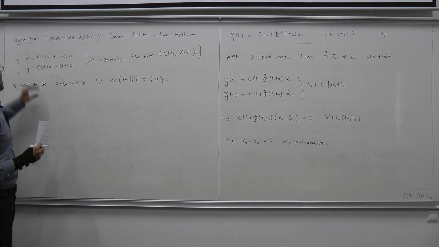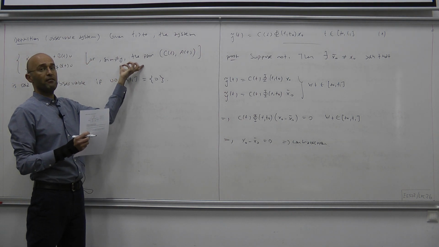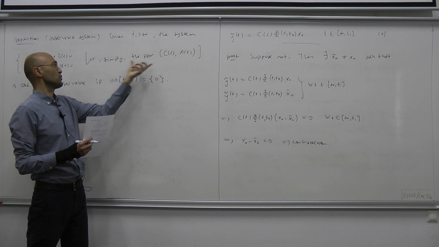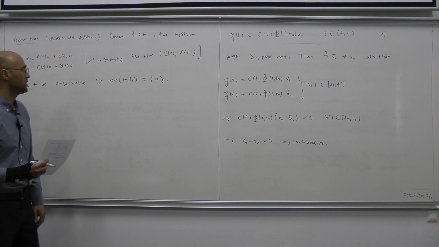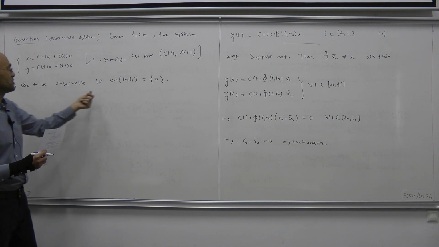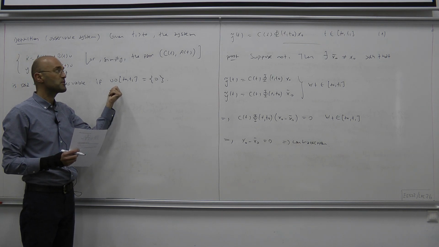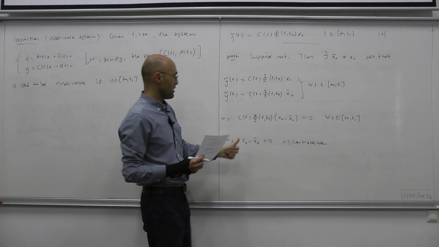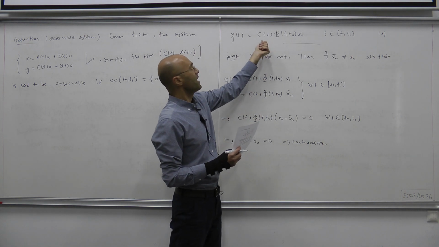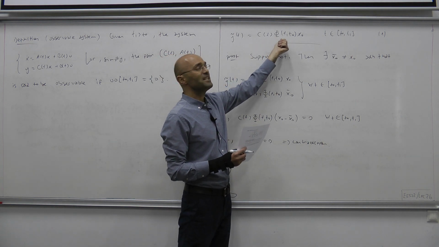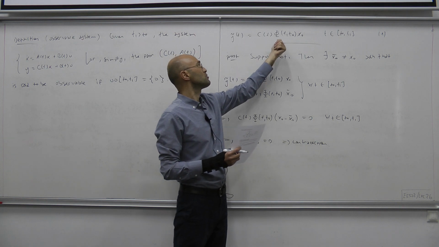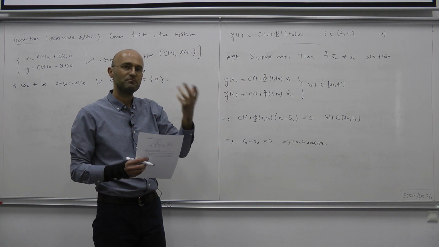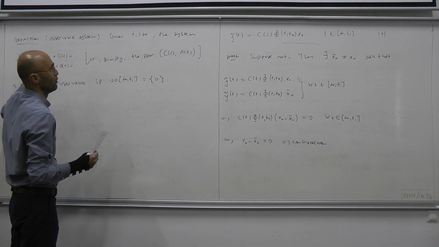Now, why do we have this expression in the brackets, or simply the pair (C, A)? Well, the reason is obvious. The definition is given through the unobservable subspace. An unobservable subspace is defined through the matrix C and the state transition matrix. The state transition matrix is uniquely determined by the A matrix only.